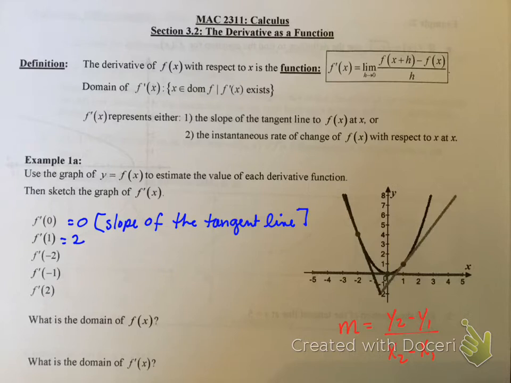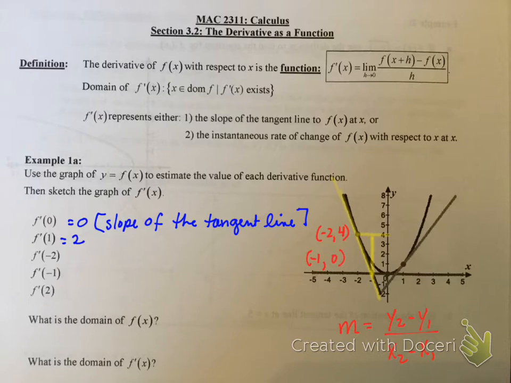And now we're going to look at what is the derivative when x equals -2. So I'm looking at this line here because that's the tangent line when x equals -2. And I'm going to find out what the slope is. So once again, I'm going to look at where it crosses the x-axis here. So I have these 2 points. I have -2, 4, and then I have this point, which is -1, 0.